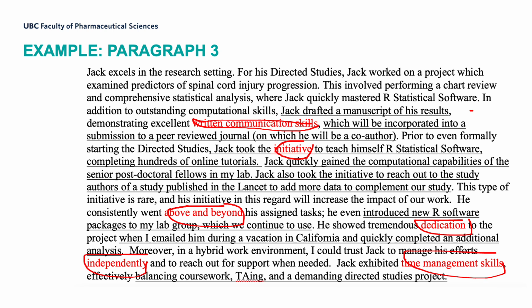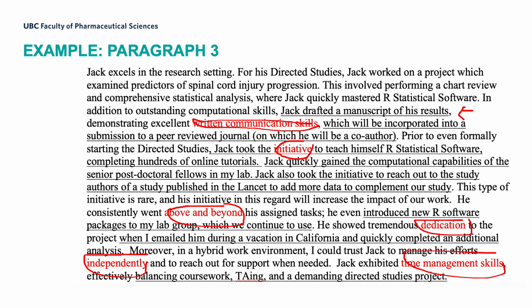And then in the underlined portions, I provide what I would consider a fairly detailed and concrete example related to that specific value or trait. I won't read through this. I'll leave it to you to read through on your own time.